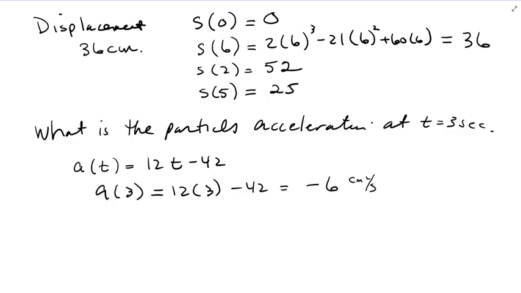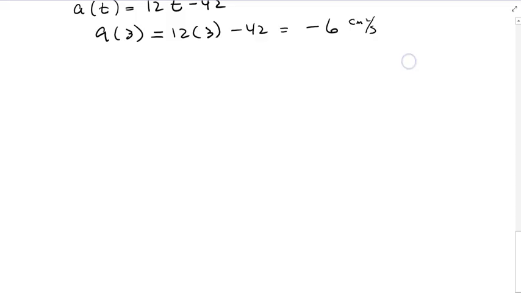Okay. Now, let's go back to a problem you're a little more familiar with, and that has to do with projectile motion, or what we call motion in a gravitational field.